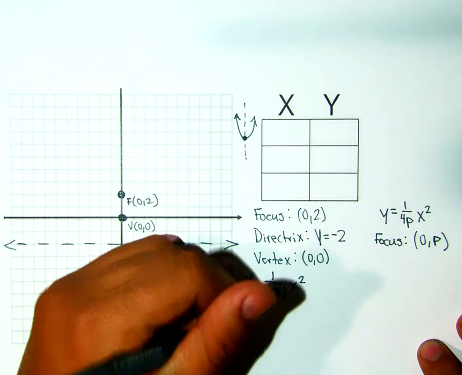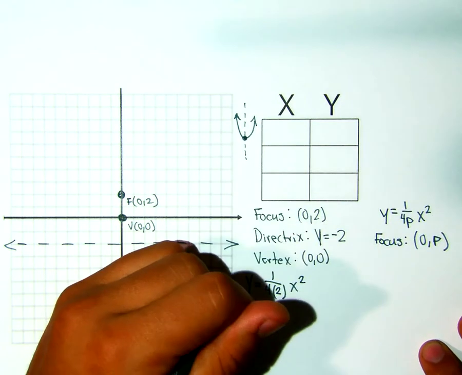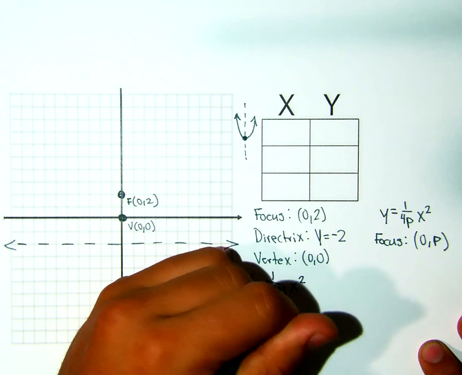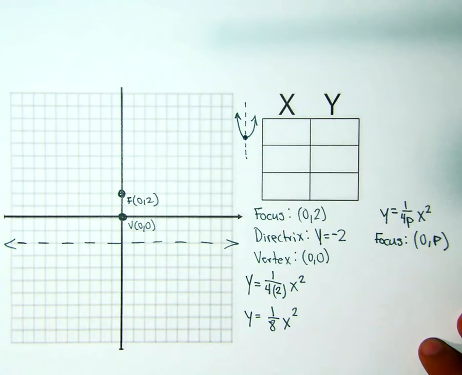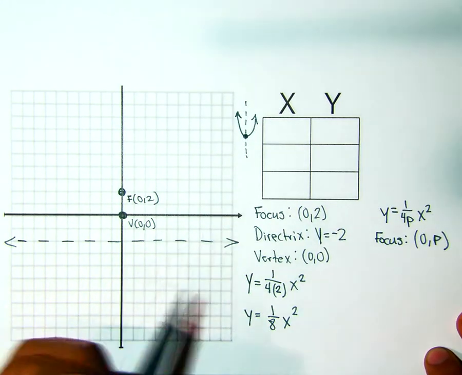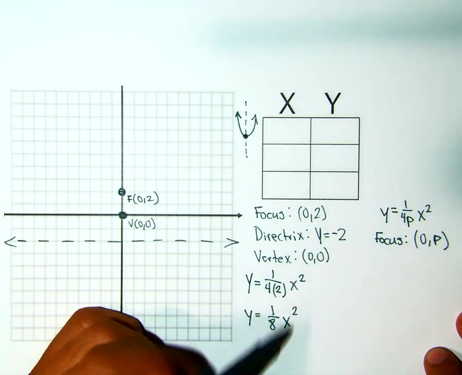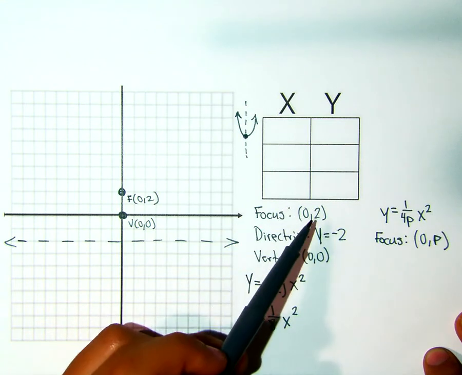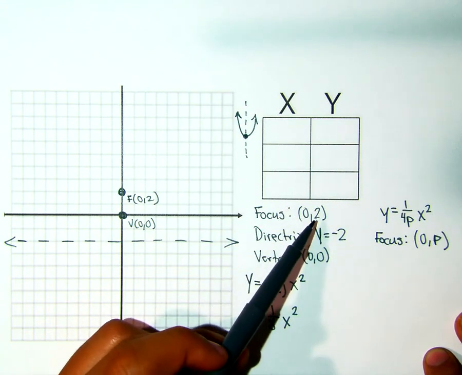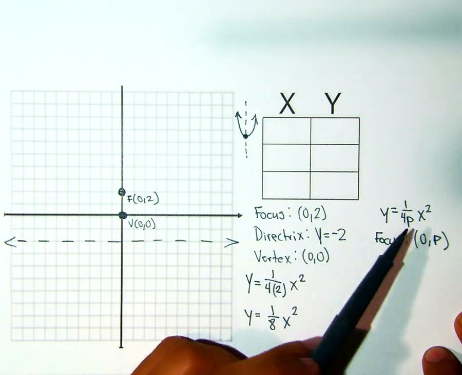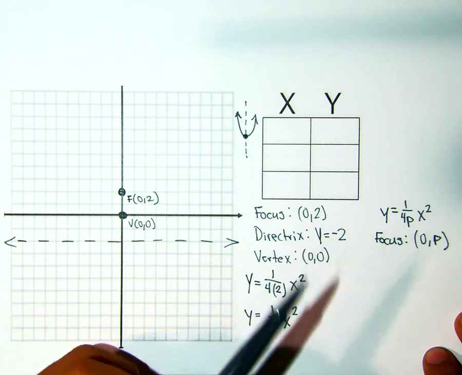So this simplifies to y equals 1/8 times x squared. What we just found was the equation for our parabola. We don't know what the parabola looks like yet, but we know this is our equation. Given the focus, all we have to do is look at the p value and plug it into our standard form to get our equation.